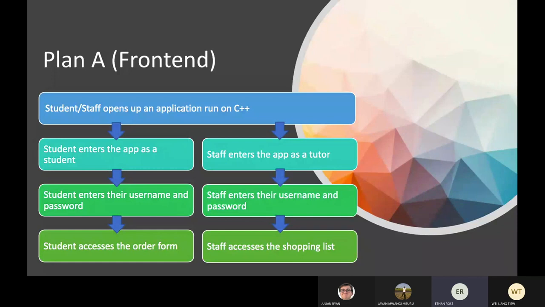When they enter the app, they put in their credentials, their username and password. Students would have access to the stock levels and what's available, and they could then go on and fill out an order form for what they want. Staff who enter their credentials will have access to the shopping list as well as editing the database itself.